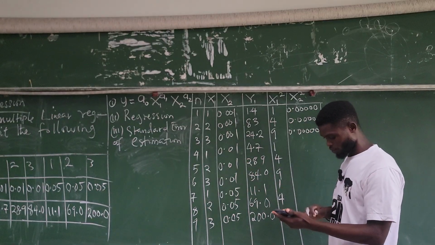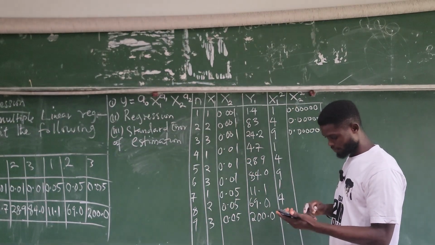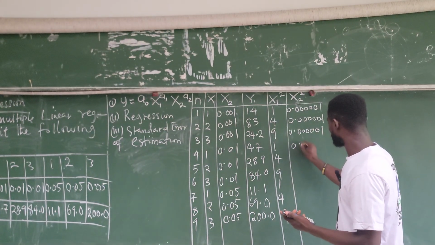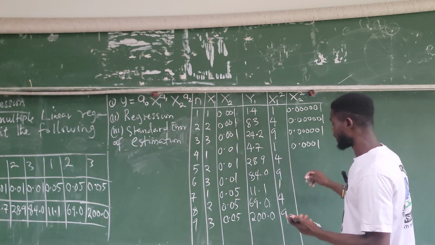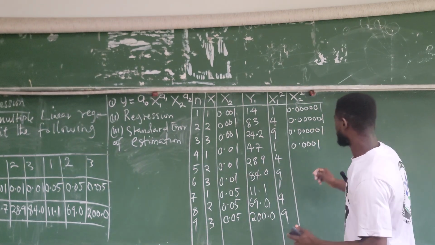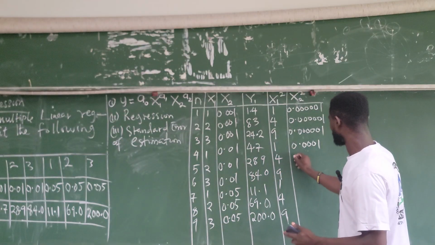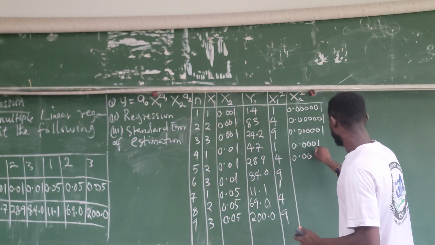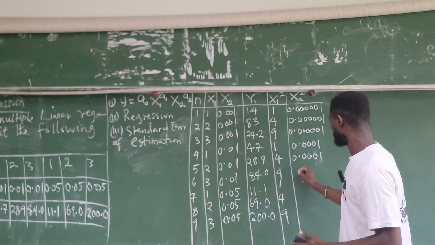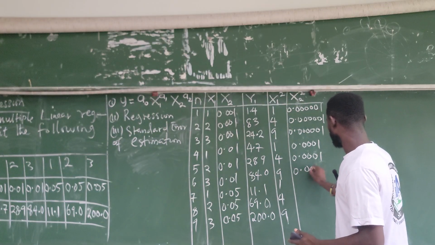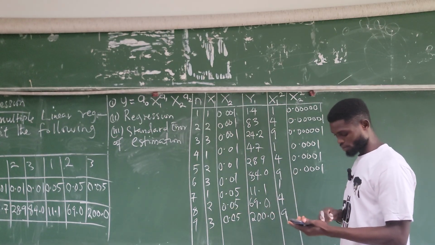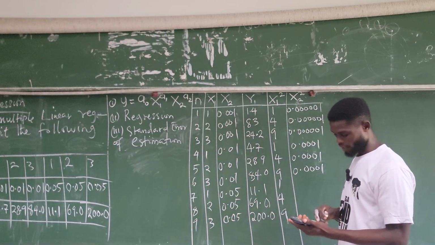For this part, we have 0.01 squared. That will give us 0.0001. You can also write this as 1 times 10 raised to the power minus 4. Same thing for the others, 0.0001. For this, you have 0.05 squared.